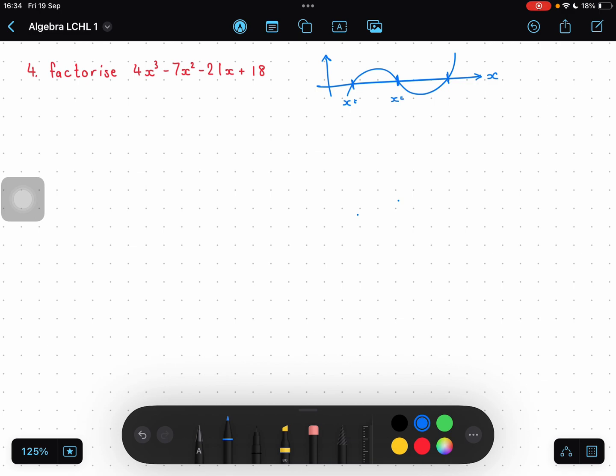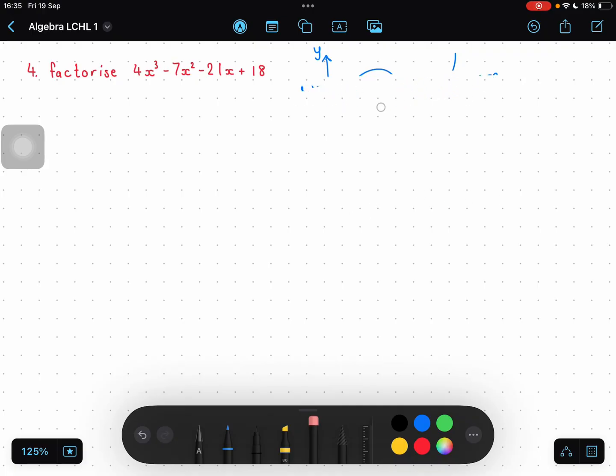I don't know what x is at each of them at the moment, but what I do know is that whatever x is at those points, y is 0. Okay, so what I'm looking for in this function here is values for x that when I put them in for x, the whole thing ends up being 0.